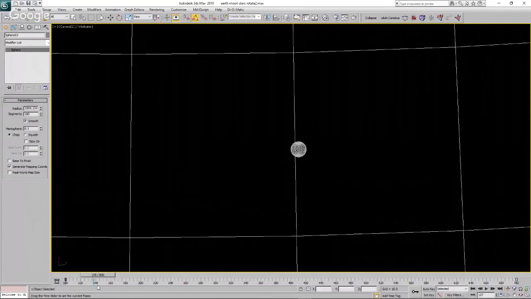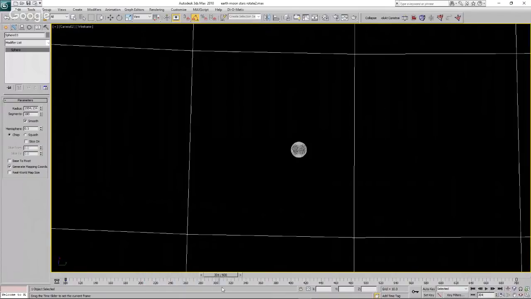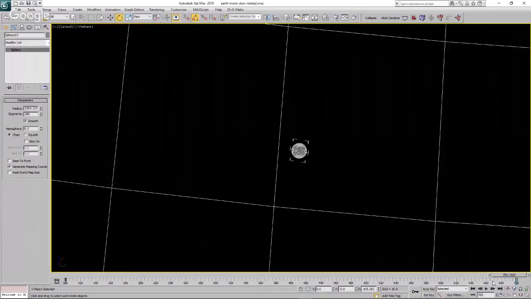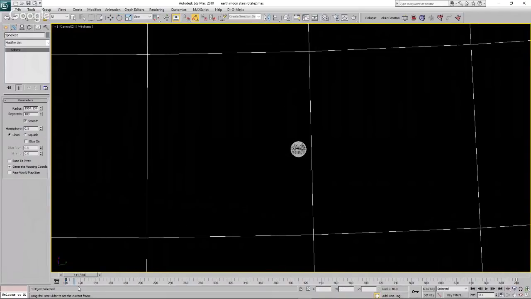Parallax will make it look like it's going faster. I don't need to show you the rest because the moon actually goes down and kind of goes like this. It's kind of funny.